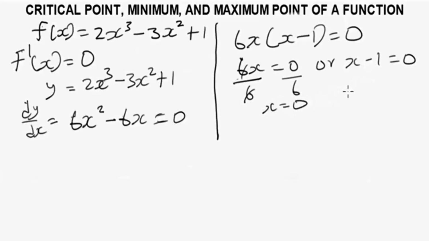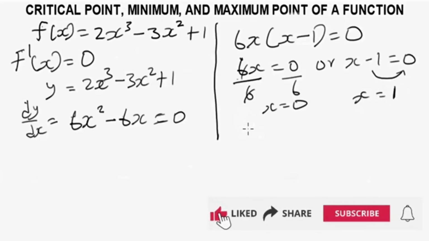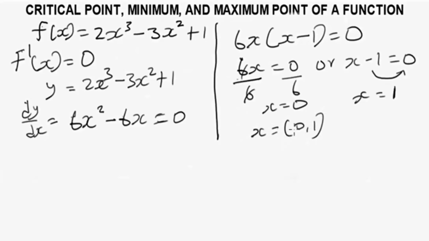For the other one, when the minus 1 crosses over, the sign changes to plus, so x is 1. So the critical points of x are 0 and 1.